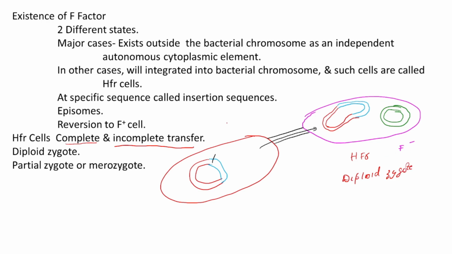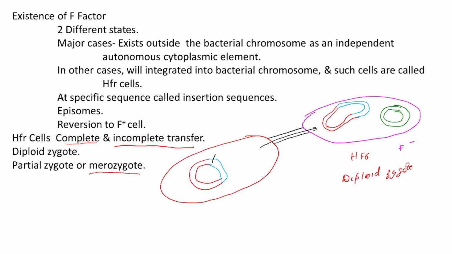And what about the other condition, incomplete transfer? Incomplete transfer means that the genetic material of the HFR cell is not completely migrated to the other cell. In that case, this bacterial cell has another name, called merozygote.